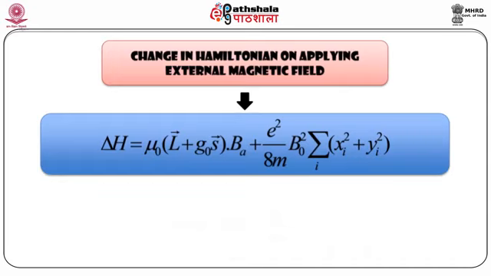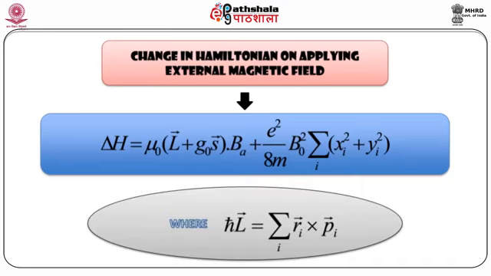I'm sure the last part reminds you that this magnetic field is generating a kind of circular path, as you can see from x_i square plus y_i square. And also here ħ vector L is equal to the summation over i of r_i vector cross p_i vector. This is quite a familiar result. You might have studied in classical mechanics that the angular momentum is basically r cross p. This is exactly what it is.